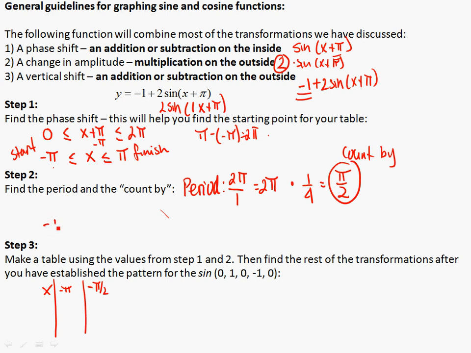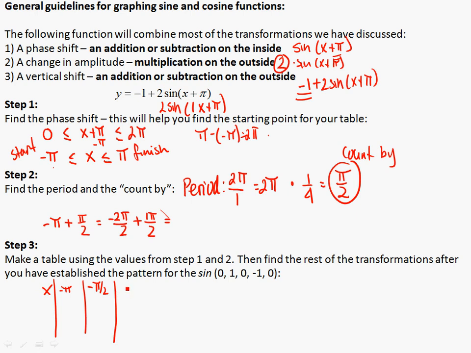Those of you that are not sure what I did there, I have room here. I'm at a negative pi, and I need to add pi over 2 to that, right? So that's a negative 2 pi over 2 plus 1 pi over 2. Make a common denominator, and now you can just add in the top only, because you know it's always supposed to be over 2. So what's a negative 2 plus 1? Negative 1 pi over 2. Now I'm at a negative 1 pi over 2.